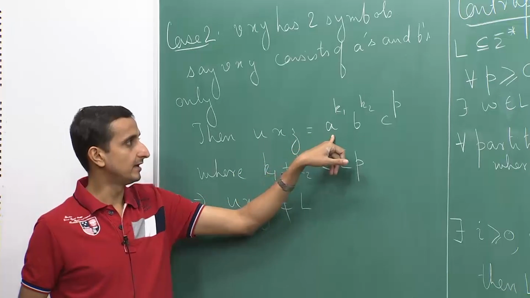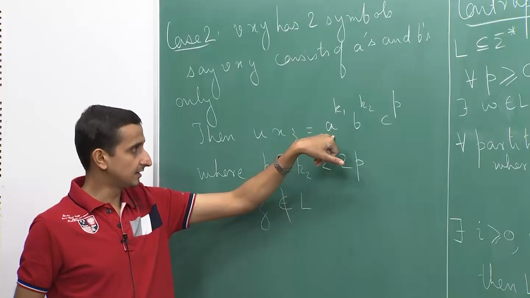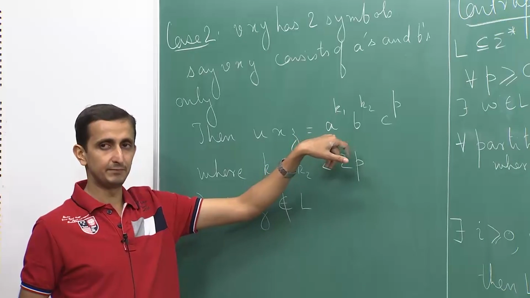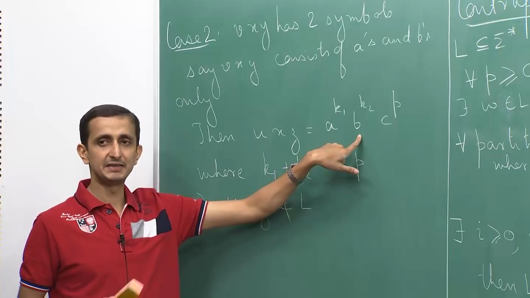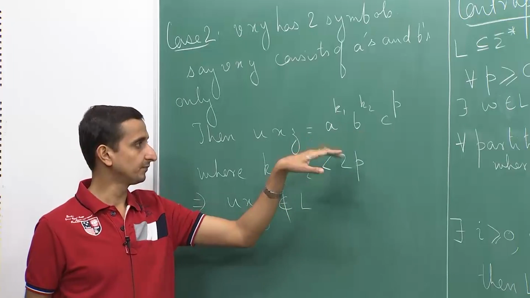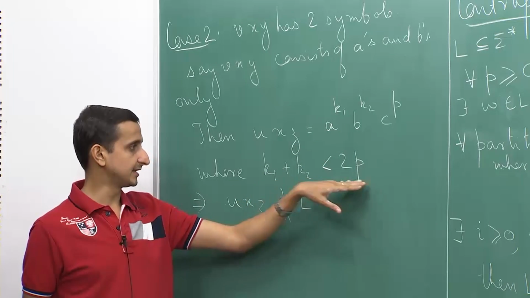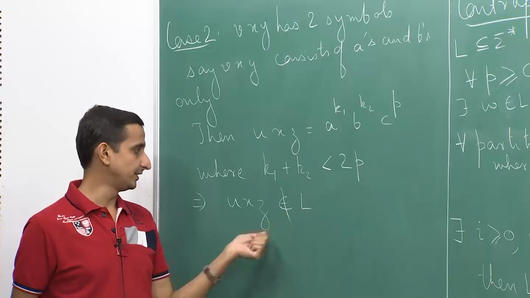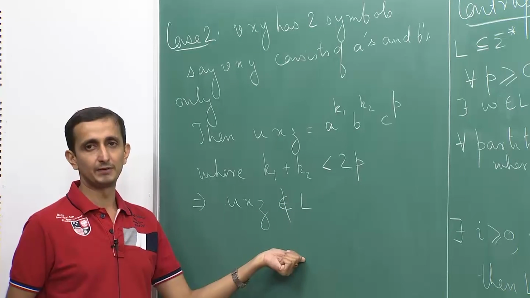Therefore, either I have a lesser number of a's than p, or a lesser number of b's than p, or maybe both, which implies that k1 plus k2 is strictly less than 2p, so the string cannot be in L.